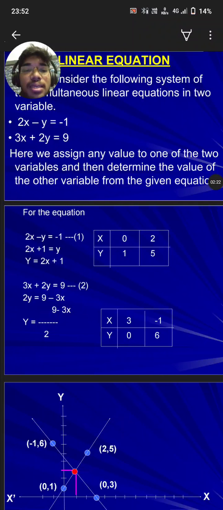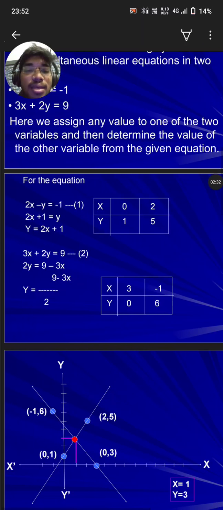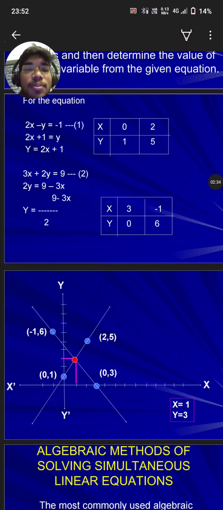Keeping y as the subject, we get y equals 2x plus 1.